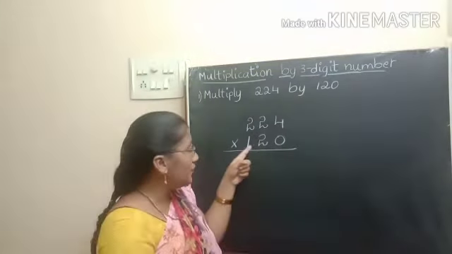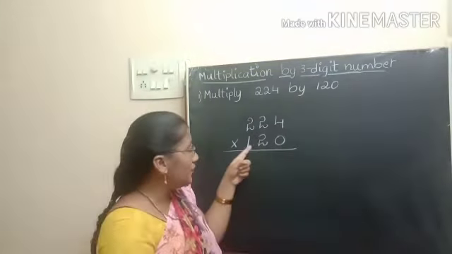So, write 0. 0 into 2, anything is 0. Write 0 in tens place. Next, multiply 0 and 2 again. Again we get 0. Now, this line belongs to multiplication of 224 and 0.